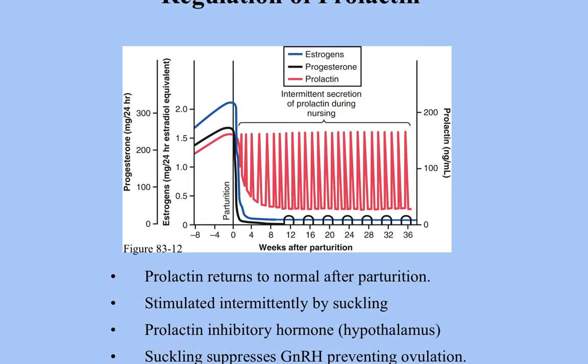All right, what this shows you is that the levels of prolactin rise until parturition, and then they fall, and then temporarily rise when suckling occurs, and then they go down, and then when suckling occurs, prolactin levels rise again to produce more milk, and then it goes down. Suckling occurs, it goes back up. So there's a cycle every time the baby feeds that you're producing more prolactin, therefore producing more milk.